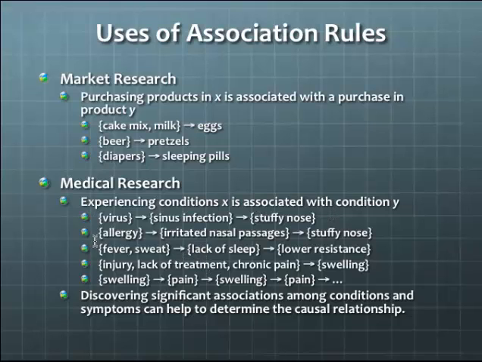And if a patient is allergic to something, then he may have irritated nasal passages and a stuffy nose. Also, if a patient has fever and sweat, he may lack sleep, and then he may also have lower resistance. And if a patient has an injury and lack of treatment, and he has chronic pain, then he will be more likely to have swelling.